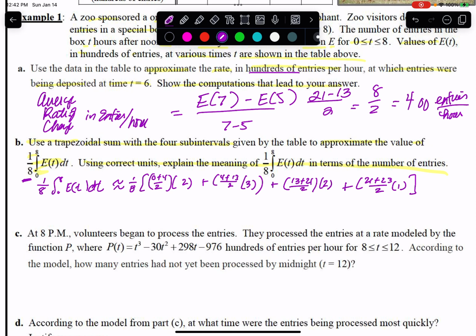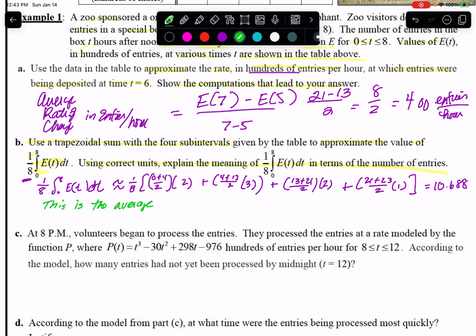If you use your calculator to add that all up, you should get 10.688. And so that means the average number of entries, in hundreds, between 0 and 8 is 10.688.